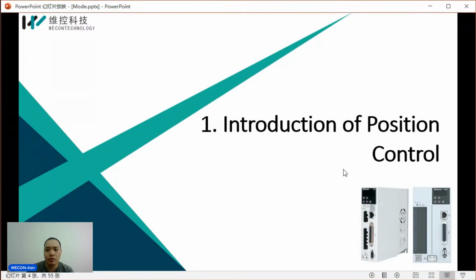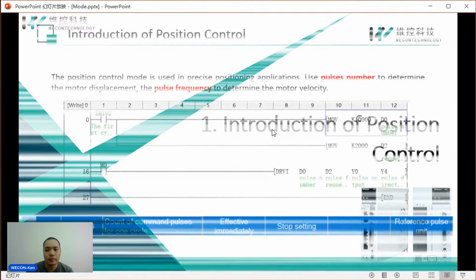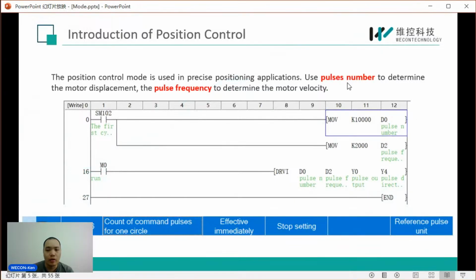Now let me introduce the position control. We use this mode to receive position control through PLC pulse output. The drive will receive the pulse and rotate the commanded distance.